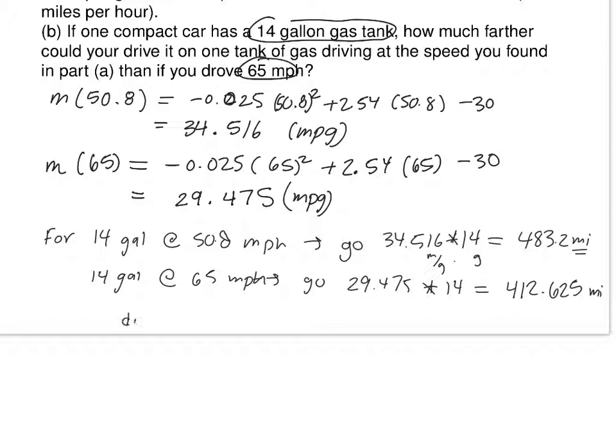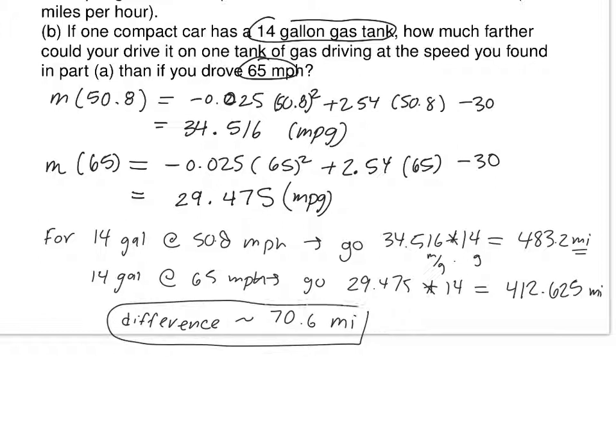So approximately, what is the difference? How would you figure it out? You just subtract the two and it's 70.6. Which means if you're going someplace like Anchorage and you don't get gas in Healy or Fairbanks and you find yourself in a pickle, slow down. Does that make sense? Okay. Awesome.